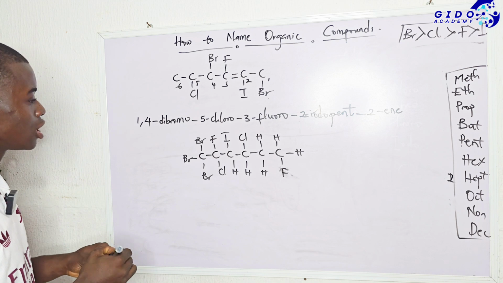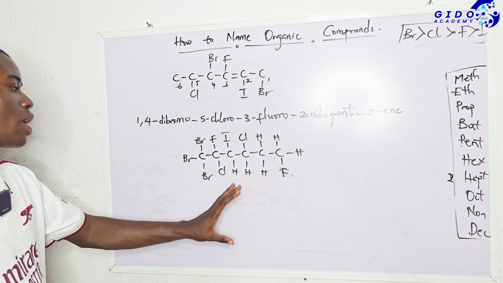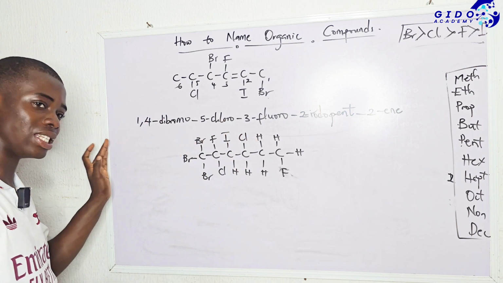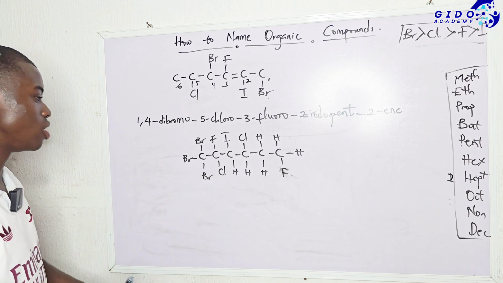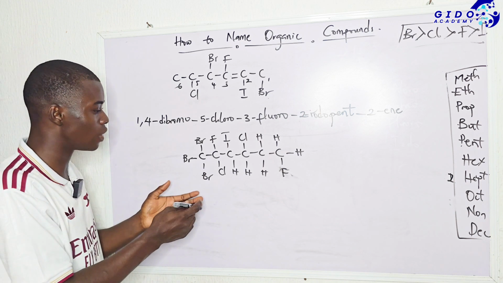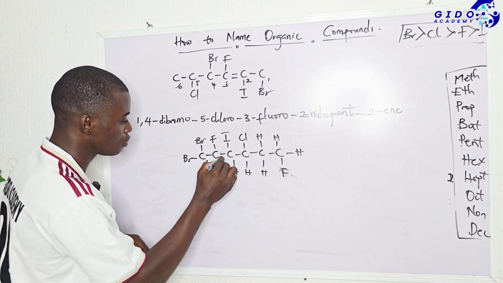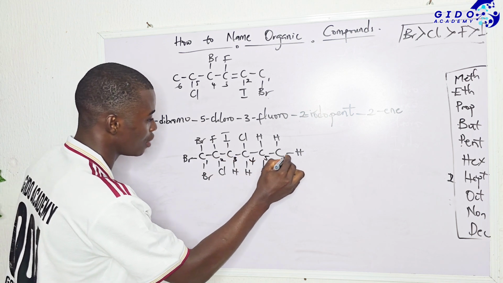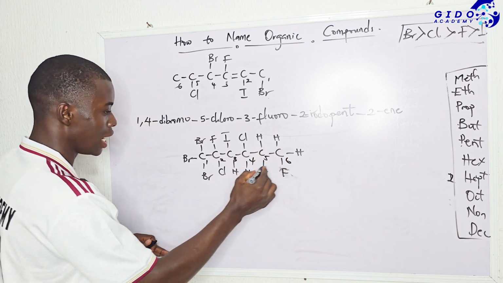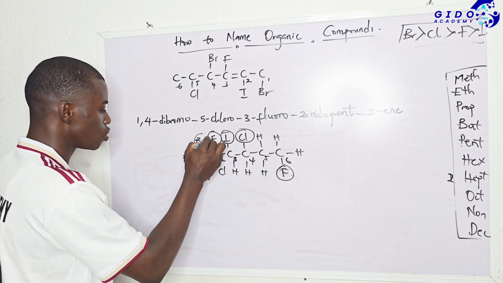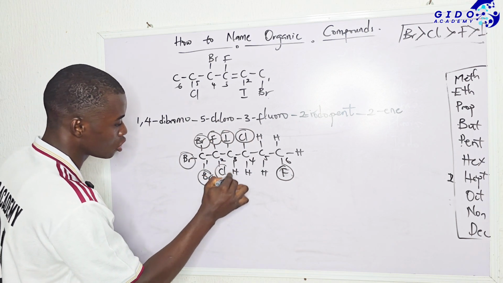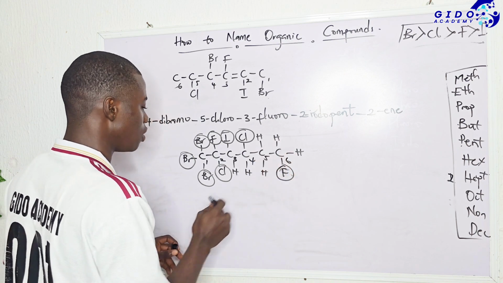So where are we going to start from? You notice that most of the halogens are on this side. So you count, but I don't need to count. If you count, you are still going to get the same value. So let's number 1, 2, 3, 4, 5, 6. To make our work easier, let's circle all the halogens so that we don't get confused. The rest are hydrogen.